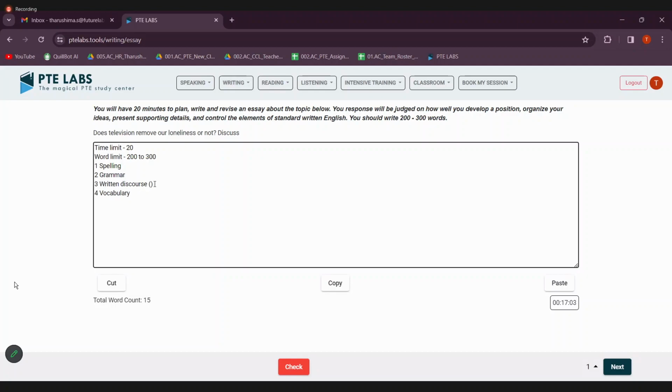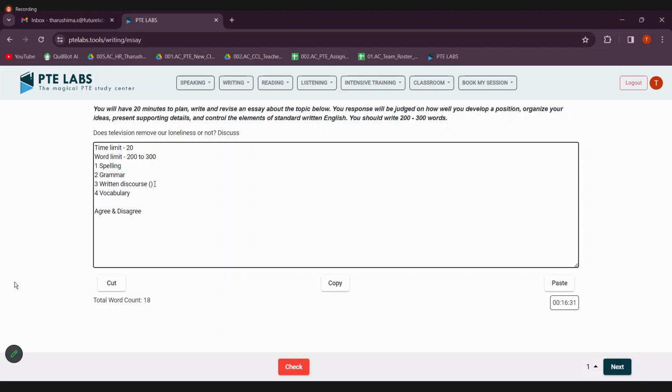And here we have three types of essays, because you have to write an essay. The first one is agree and disagree. Then we have advantages and disadvantages. And finally, we have problem and solution.